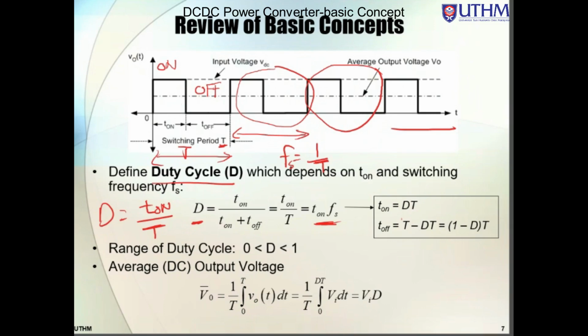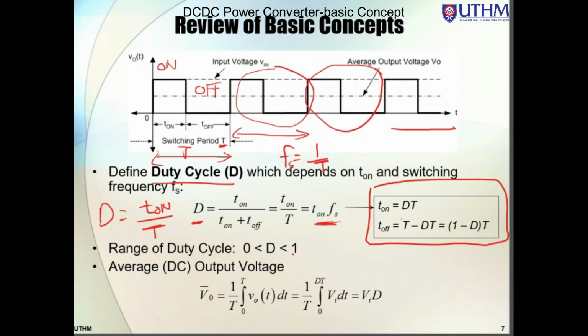So let's say if our duty cycle is 50%, that means D is 0.5. Okay, so you need to remember this, but not just remember, you need to know how you get this and understand how you get this.